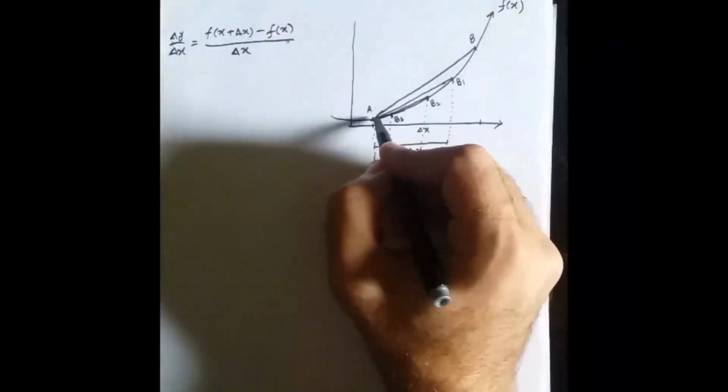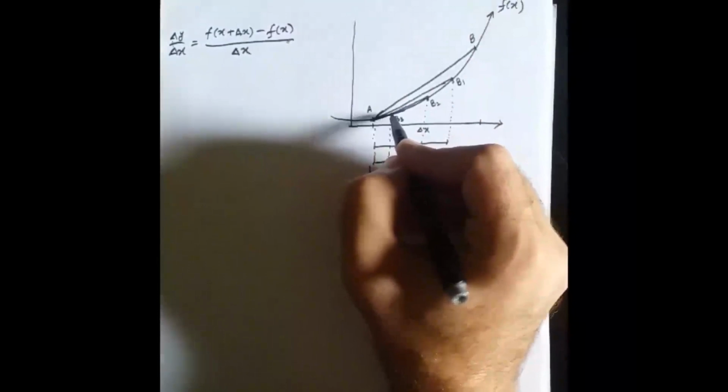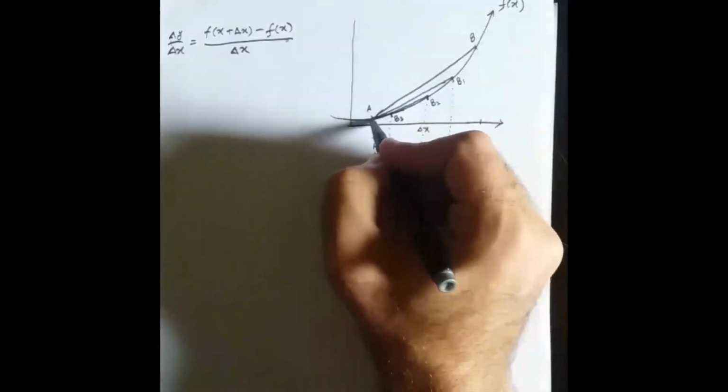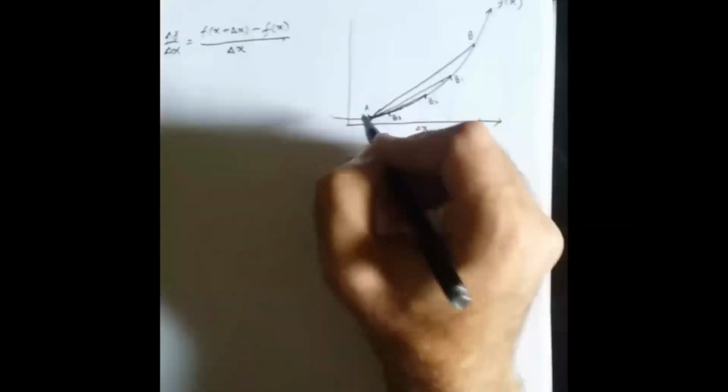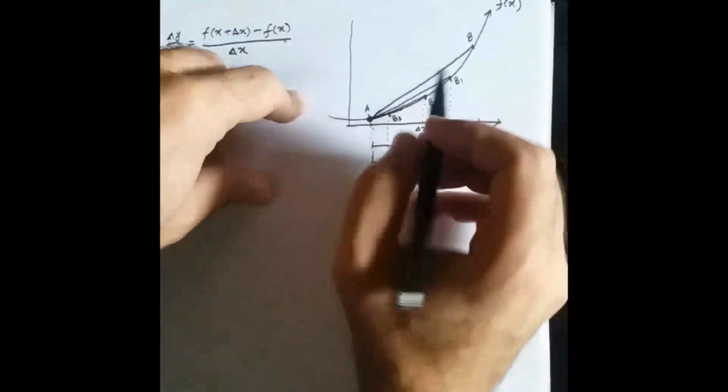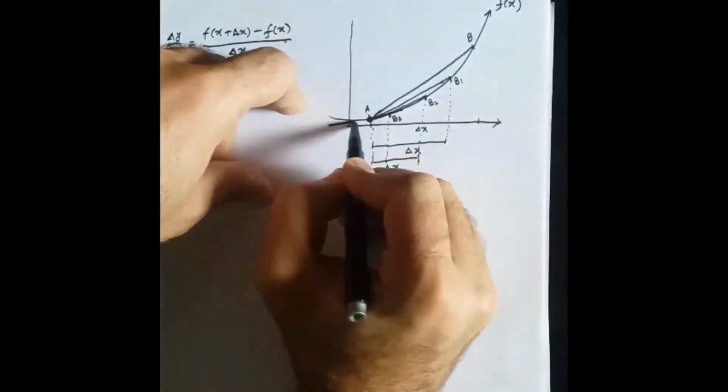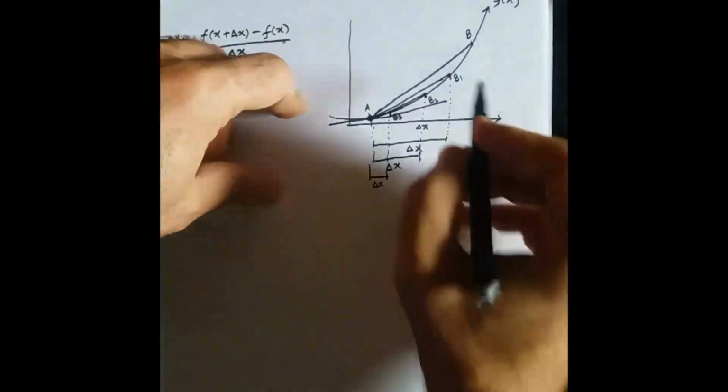Now finally, if we take this point B closer to A, or if we take it over point A, then the secant line becomes the tangent line.